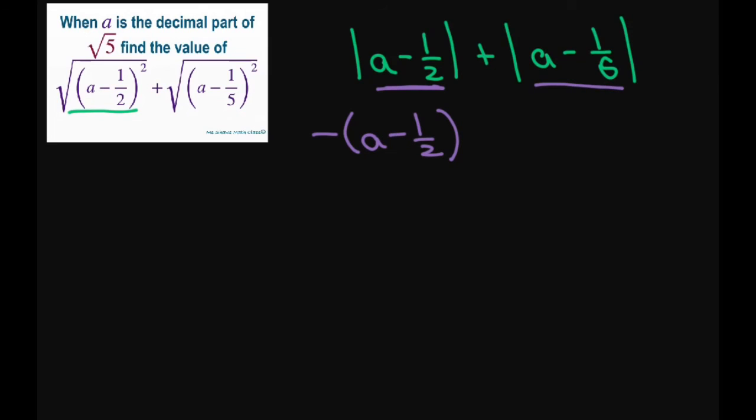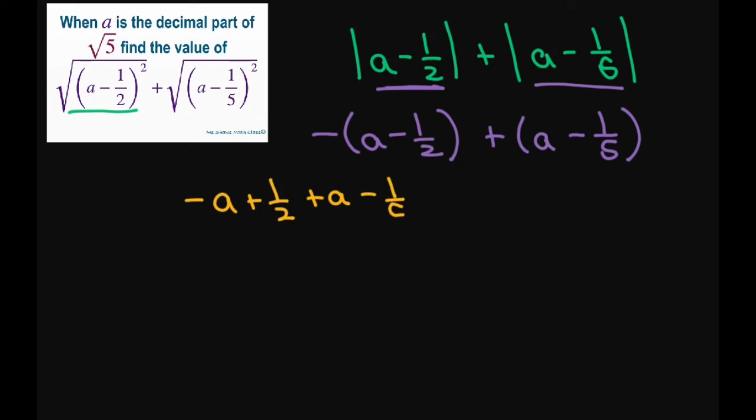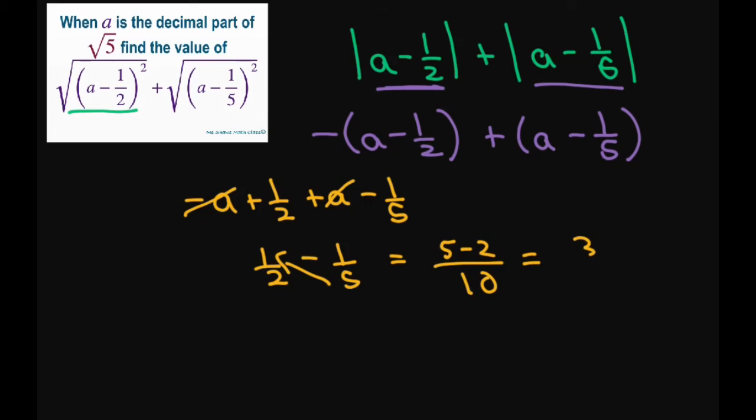This one was positive, so this is going to be plus (a minus 1/5). And when you simplify this, you get negative a plus 1/2 plus a minus 1/5. So the a's cancel out, and you get 1/2 minus 1/5. Common denominator is 10. And so this is going to be 5 minus 2, which equals 3 divided by 10.